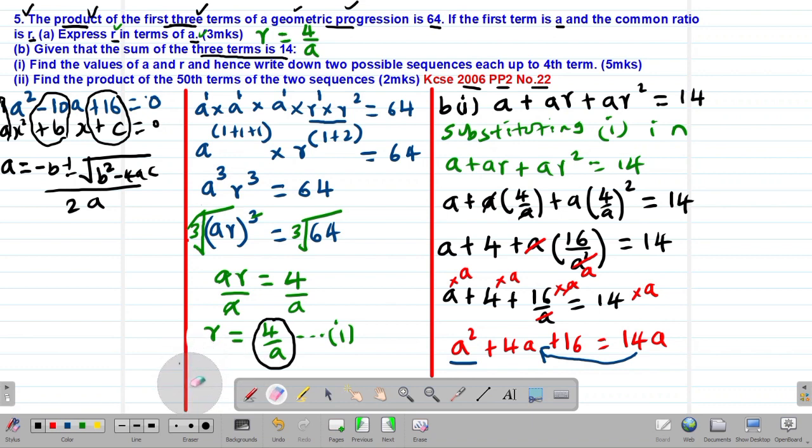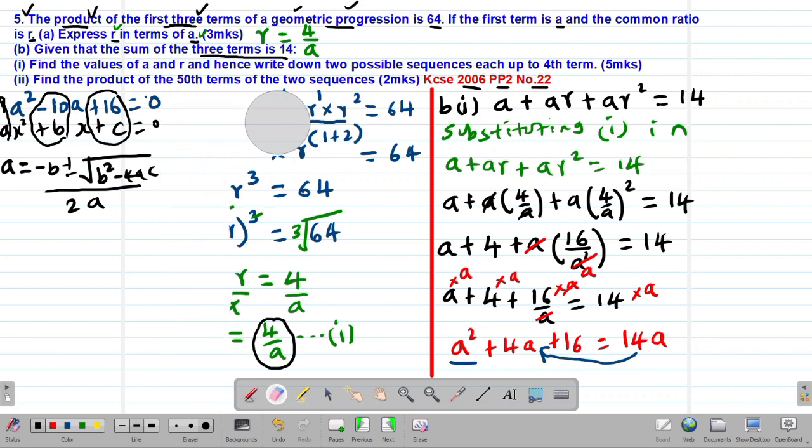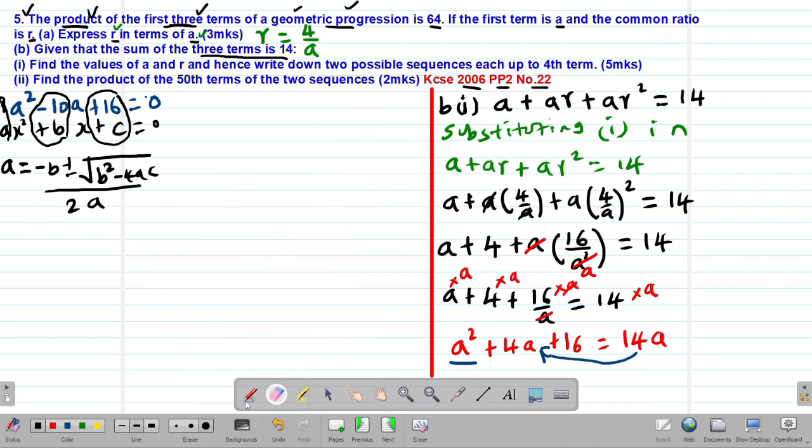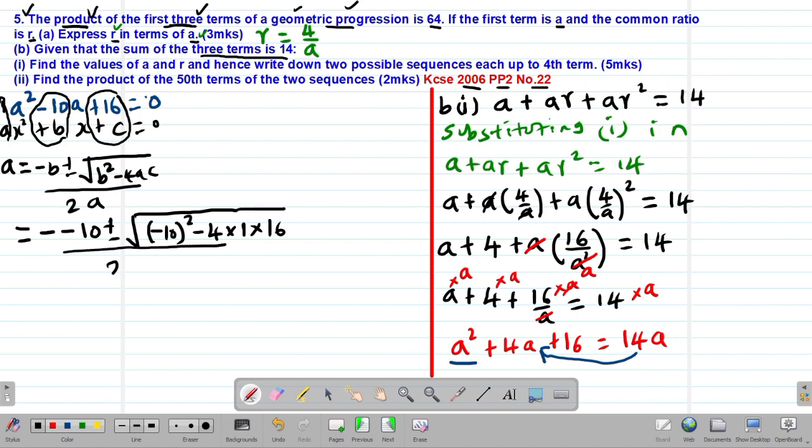So we need to substitute that. Let me clean this particular area so that I can use it to perform my working. So if I substitute, this one is equals to, negative b will be negative, our b is negative 10, so negative negative 10, then plus or minus square root of b squared, which will be negative 10 squared, minus 4 multiplied by a, our a is 1, then c is positive 16, then the whole thing is divided by 2a.